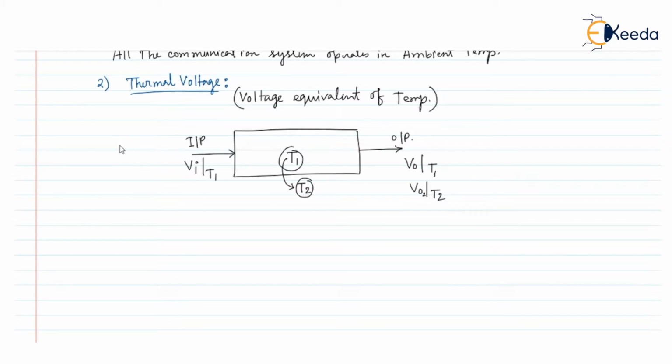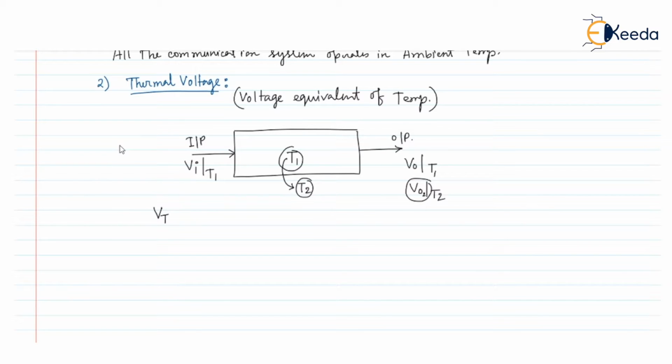So we are changing the temperature of the device, and we are getting an equivalent voltage change from V01 to V02 at the device output. So we can say there must be some voltage equivalent of the temperature, and that voltage equivalent of the temperature is given by the term Vt.